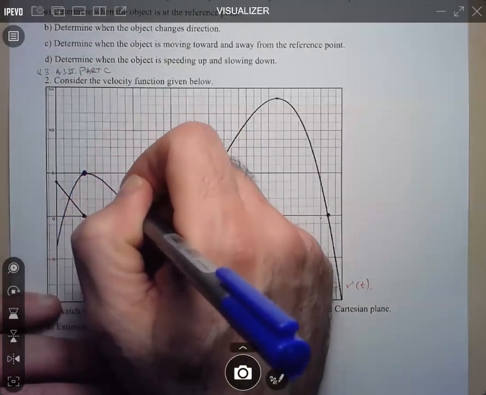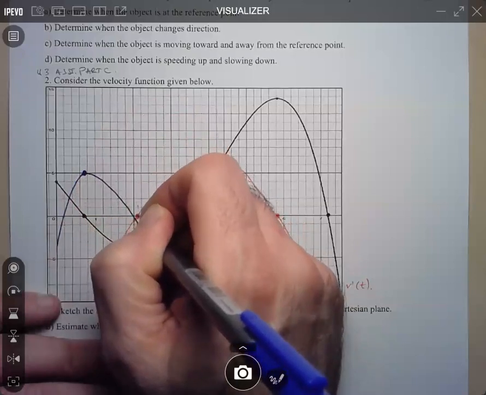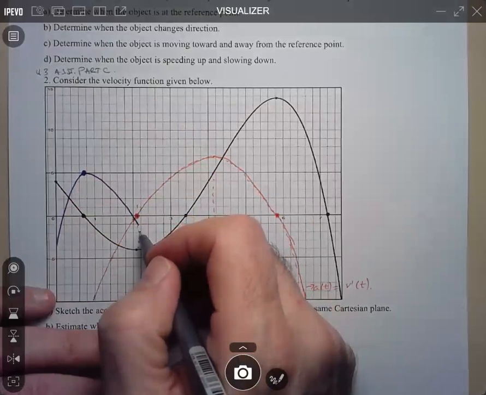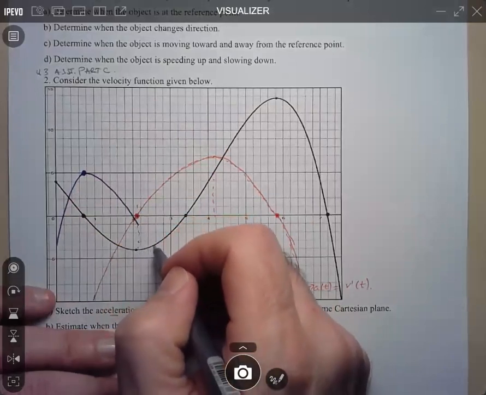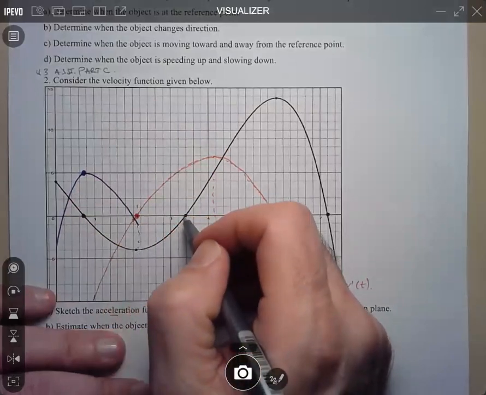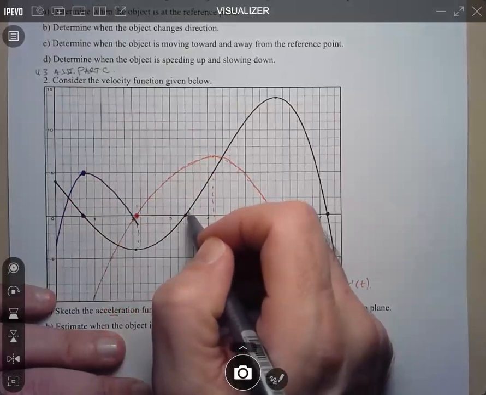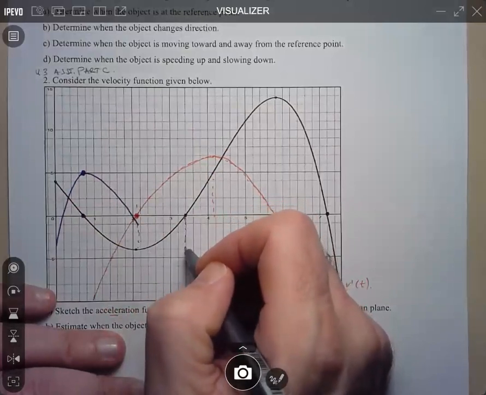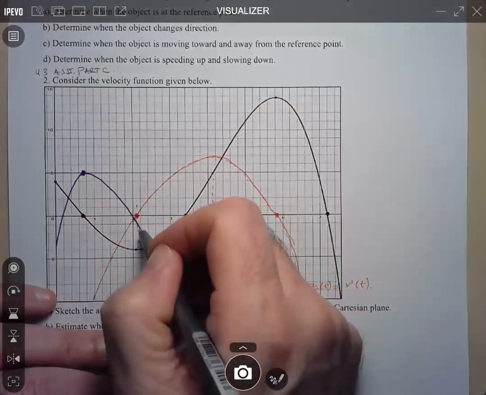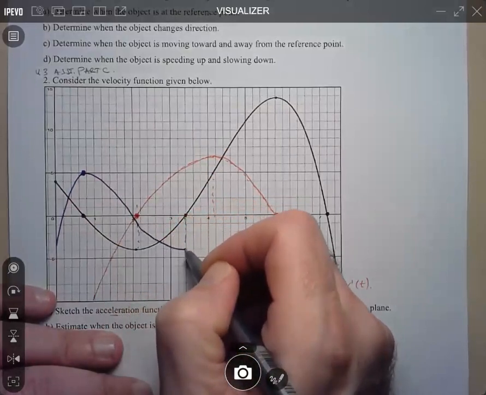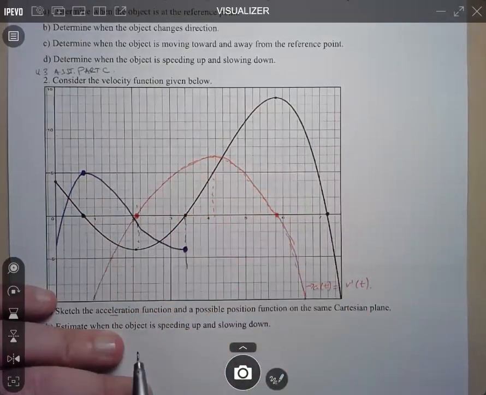Here they're getting steeper, steeper, steeper, and somewhere there they start getting less steep, because it's getting less and less negative until eventually at this point here, I'm going to have another local extremum, except now it's going from negative to positive. So it's going to be a local minimum. Now you see the slopes of the tangents are getting less steep. There we go. There's my local minimum.